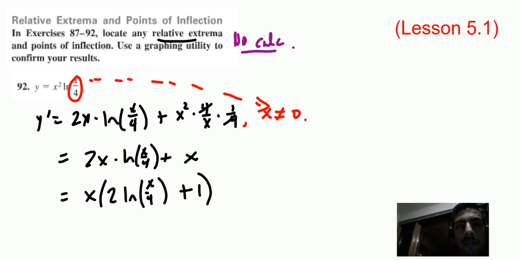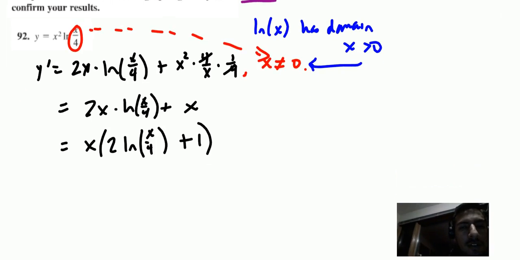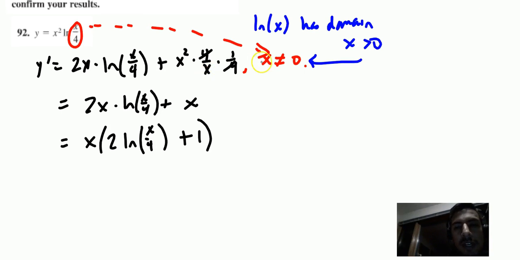So ln of x's domain is x greater than 0, which implies that x cannot equal 0. And the reason that that is relevant is for 2 reasons. One, we divide by an x, which means x can't be 0, or else we'd be dividing by 0. And also, if I set these 2 factors equal to 0, it looks like I would actually get a 0 as a root, but again, x can't be 0.